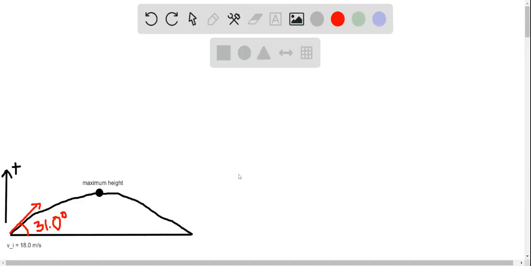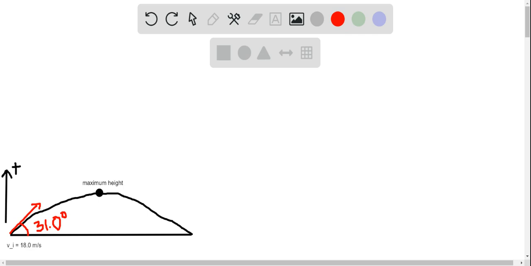Hello. Today we'll be solving a problem on projectile motion. The problem is that a football is being kicked at an initial velocity of 18.0 meters per second and at an angle of 31.0 degrees to the horizontal.